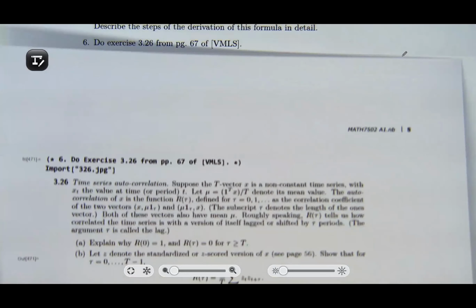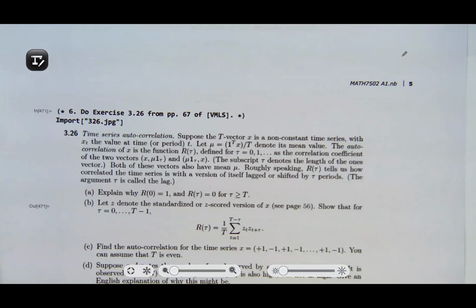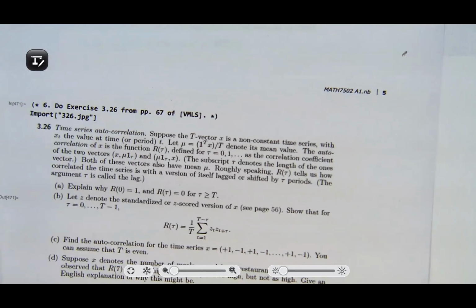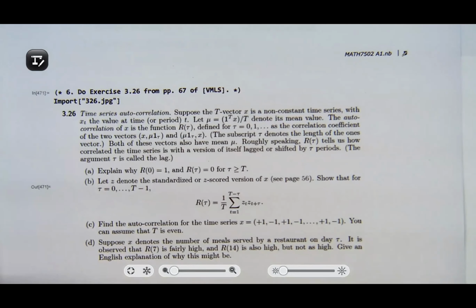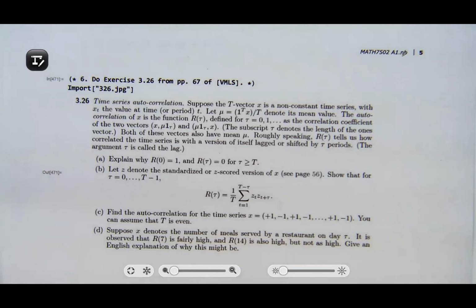I'll just put it here. This is basically a screenshot of that question, but let's have a look at it.